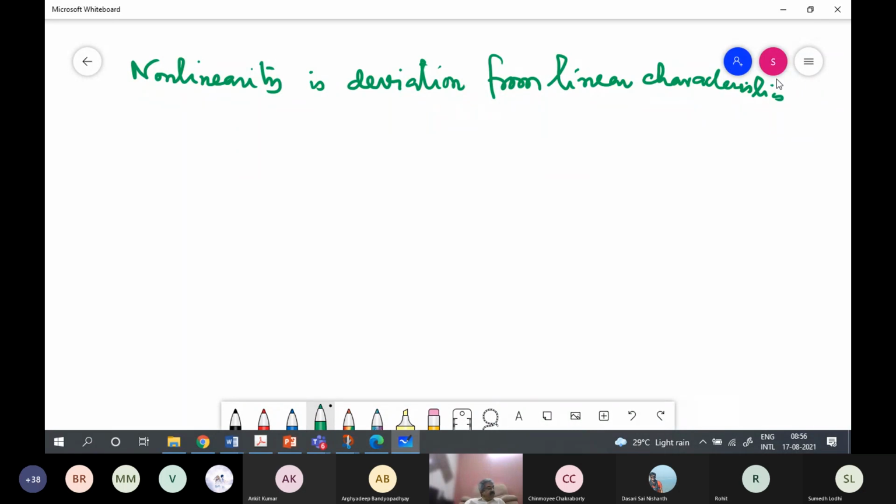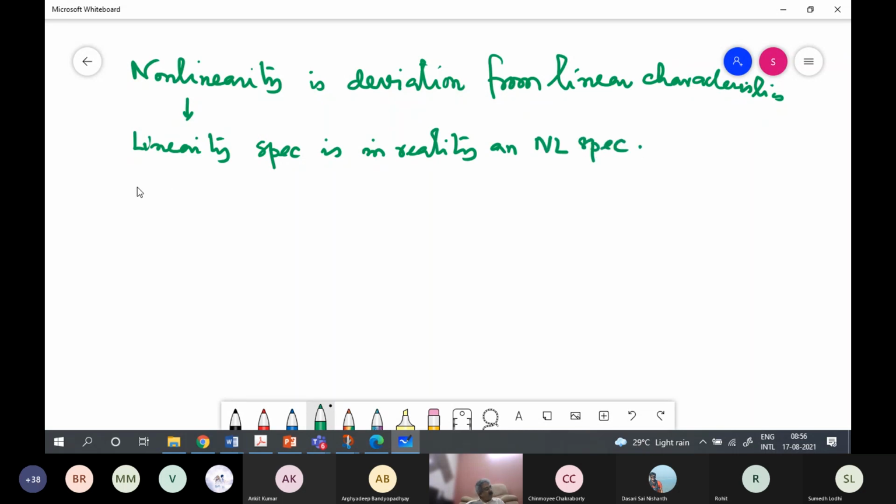But interestingly, this is just tradition. Often nonlinearity is called linearity. It's strange. So a linearity specification is in reality a non-linearity specification, an NL specification. So we often say 2% linearity.